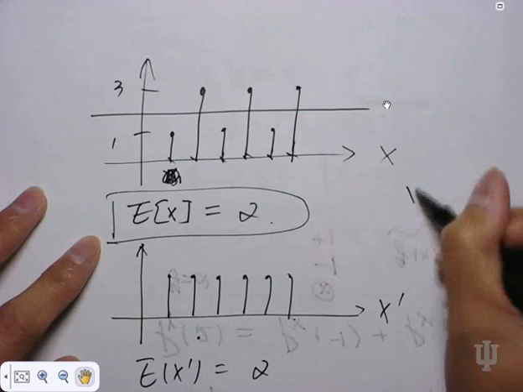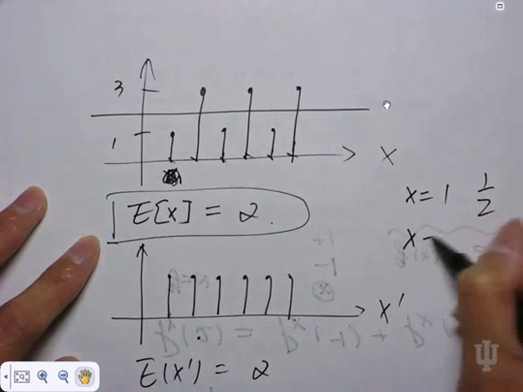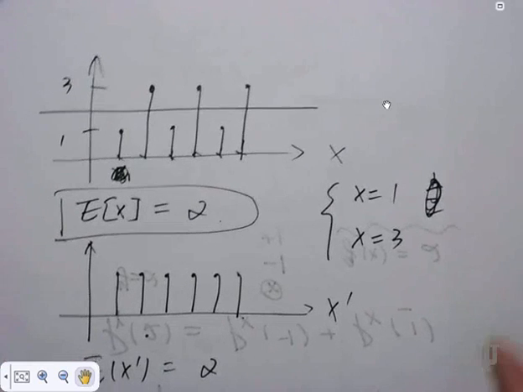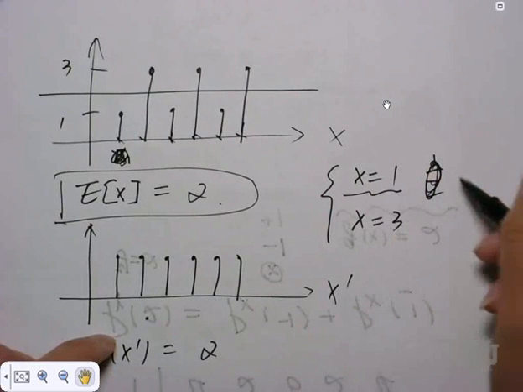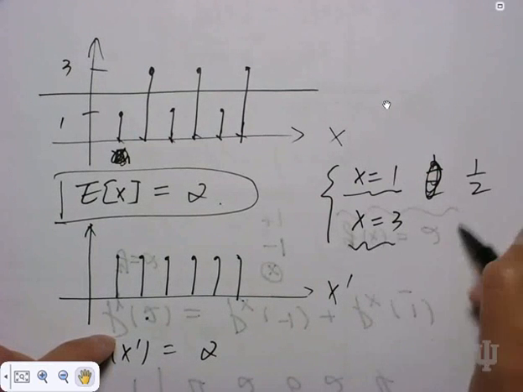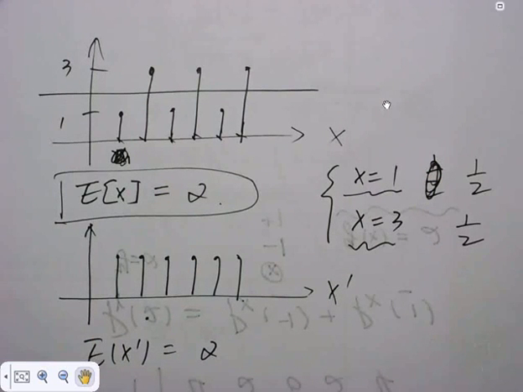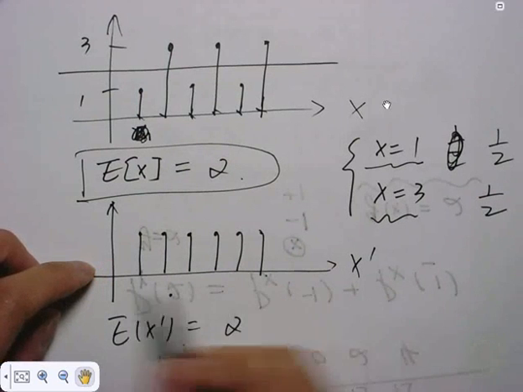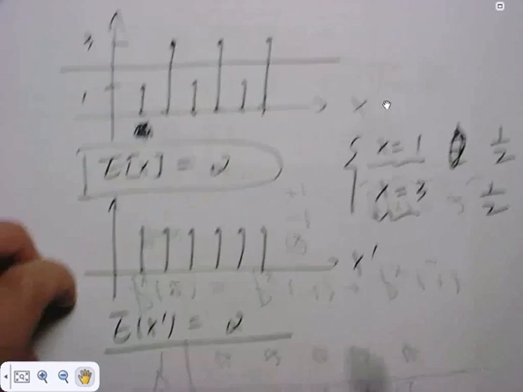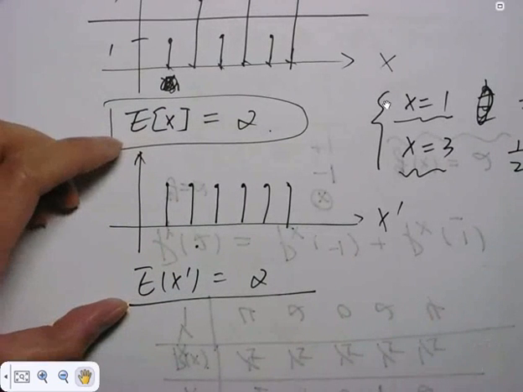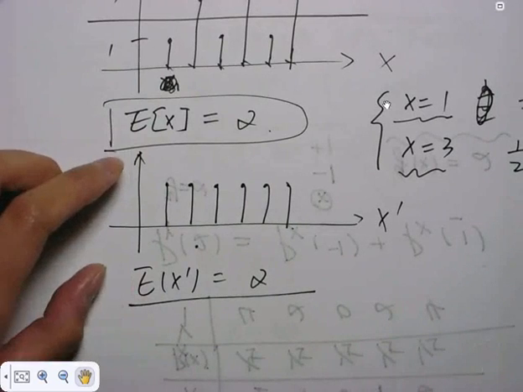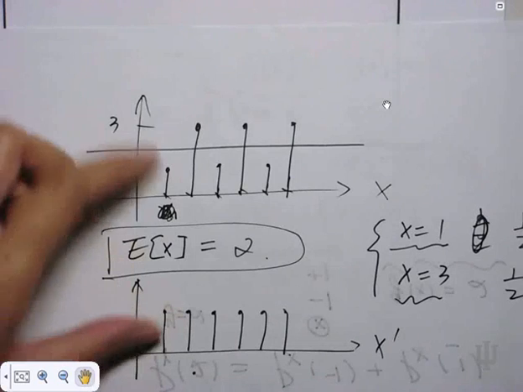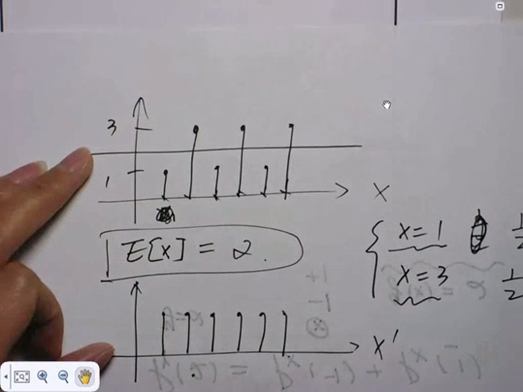So you have probability for this 1/2. You have probability of this 1/2. But you can also have a sample space like this. The expected value is the same, 2, right? So if I only know the expected value, I don't know the variance between those, right?